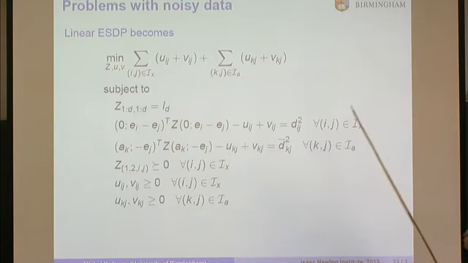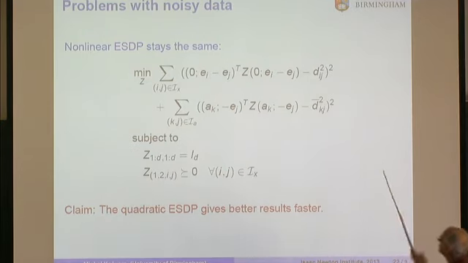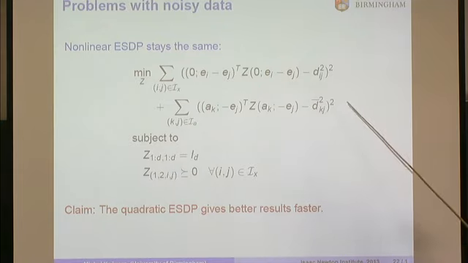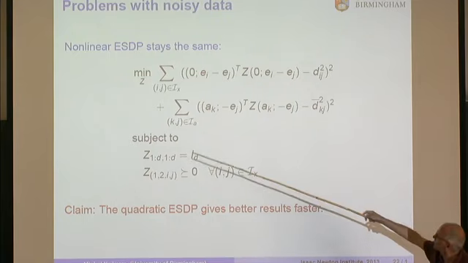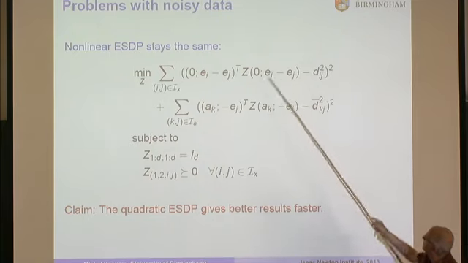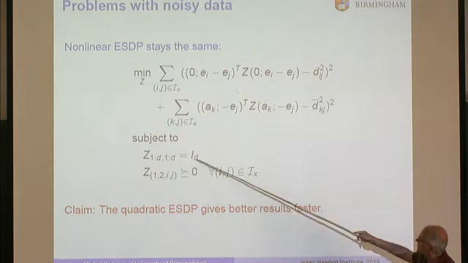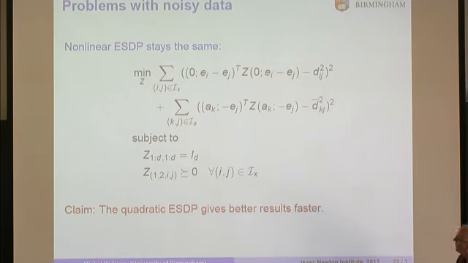So it still can be formulated as a linear SDP, but I claim that it's better to formulate it as a quadratic SDP, because that's my original quadratic formulation. I minimize the difference between the given distances and the computed distances subject to the SDP constraints. And if these are exact or not, I don't care.